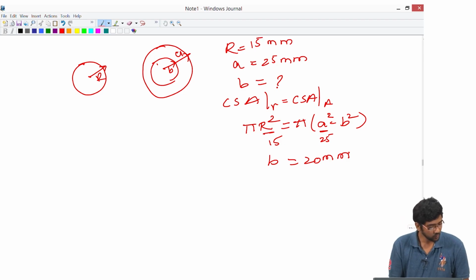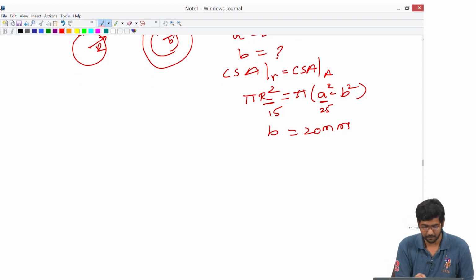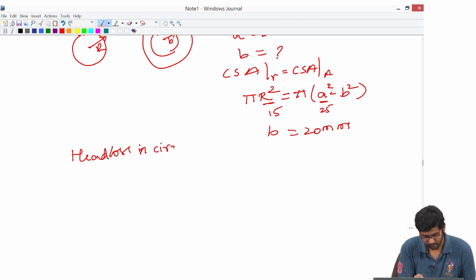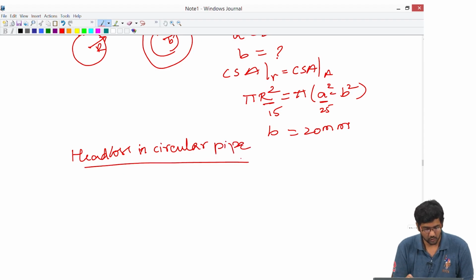Now, we need to calculate the head loss in the circular pipe and the annular pipe. Let us first calculate the head loss in the circular pipe. To do that, first we need to calculate the Reynolds number, and for that we need the velocity.